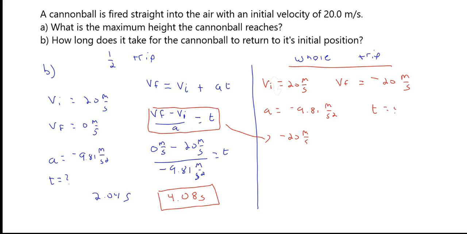Negative 20 meters per second is my final velocity, minus a positive 20 meters per second, because it is the opposite direction, all divided by negative 9.81 meters per second squared. And again, I'm going to get a time of 4.08 seconds.